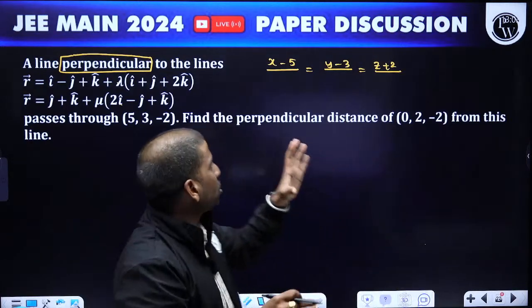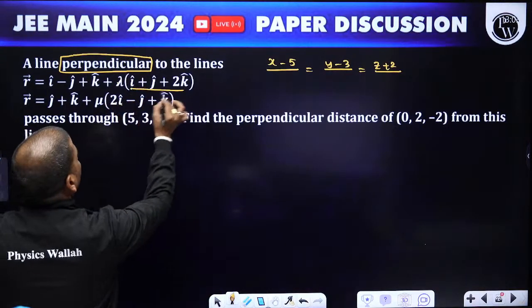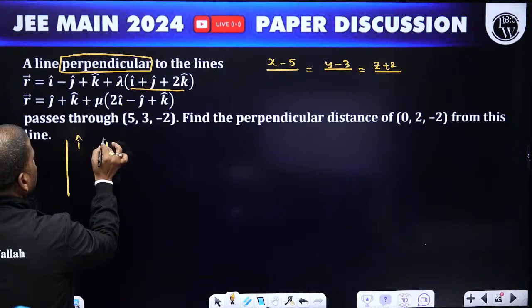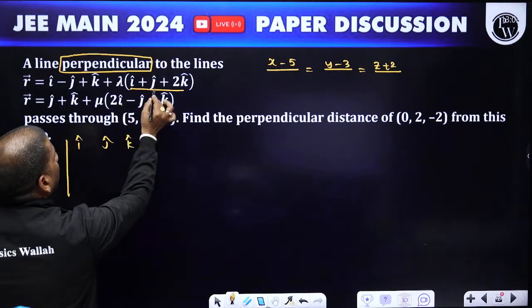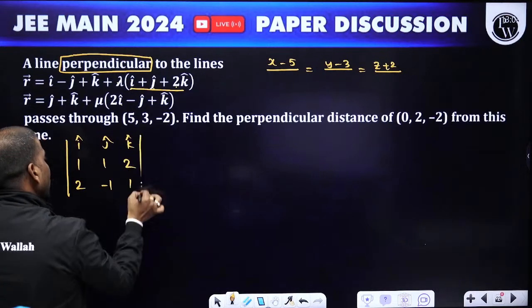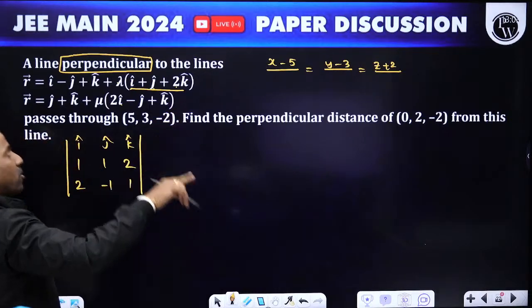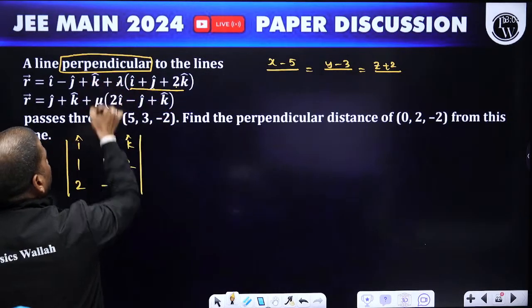So that's the reason we find the cross product of these two vectors: I, J, K, 1, 1, 2, 1, 1, 2, 2 minus 1, 1. Since the cross product is a vector which is perpendicular to both the vectors, that's what we want.